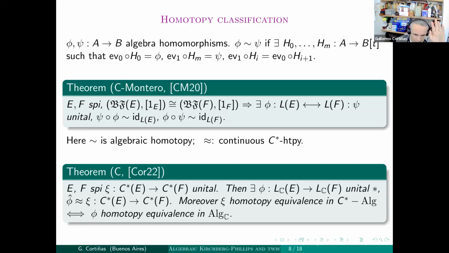Okay, so in particular, say the Bauer-Franz groups of E and F are isomorphic in a way that carries the unit to the unit, then by the Kunz-Rordan theorem, C-star E and C-star F are isomorphic. And in particular, this isomorphism is a homotopy equivalence.